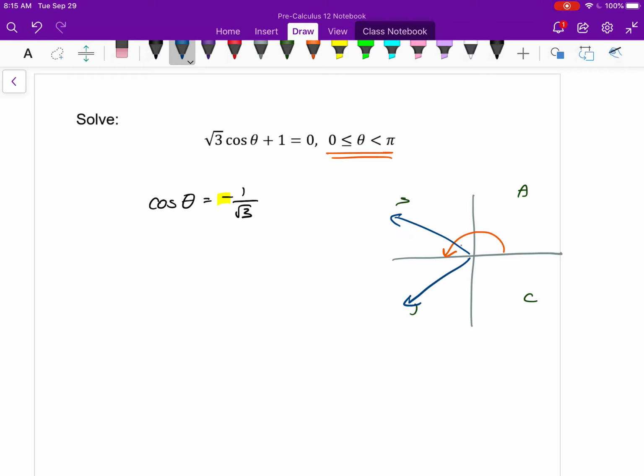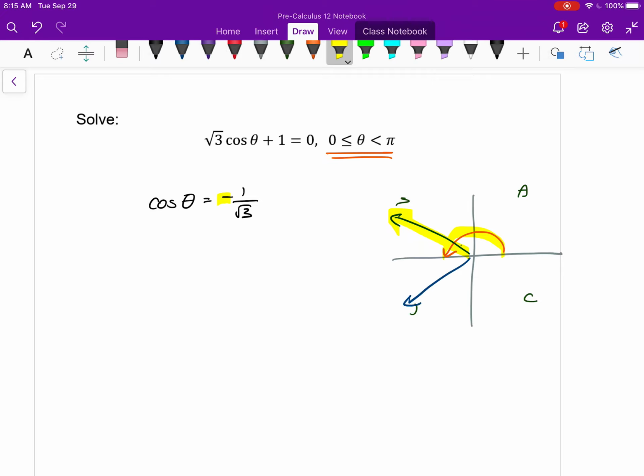Going back to my restriction, I know I'm only paying attention to this part right here. So now I know my answer has just one solution. Unlike all my previous ones that had at least 2, if not infinitely many, this equation will have just one solution. And it's all because of that restriction. It's really just the part I've highlighted in yellow.